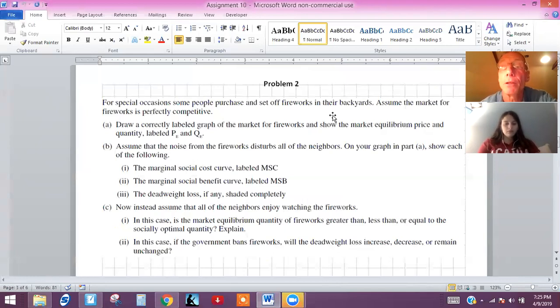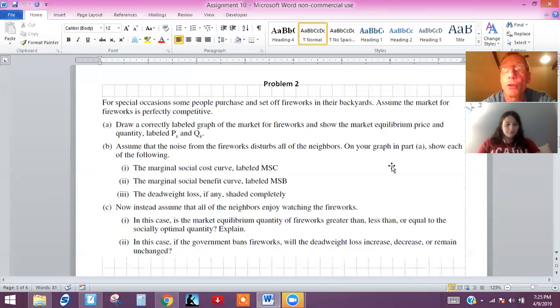And they're saying that the market is perfectly competitive, and they want you to draw a graph that shows the market equilibrium price and quantity labeled as P sub E and Q sub E, and they want you to assume that the noise from the fireworks disturbs the neighbors.